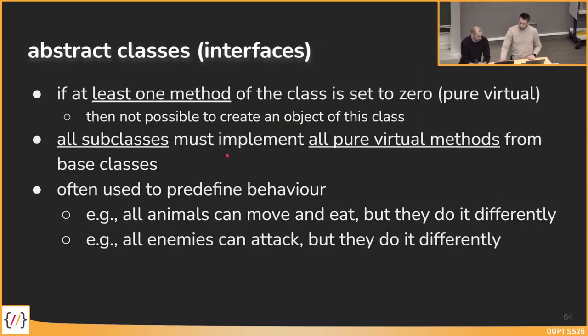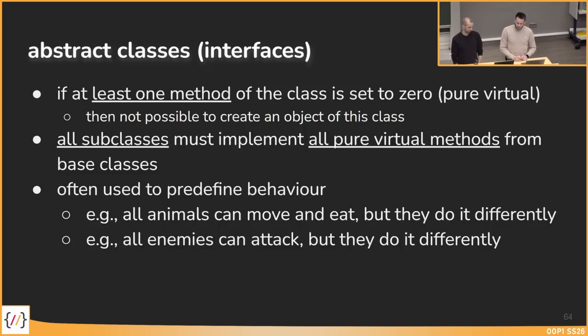Okay, to wrap it up, for abstract classes, which we can also call interfaces, we have to have at least one method that is set to 0, meaning that it's pure virtual, and then we cannot create objects from this class anymore, and all the subclasses have to implement all the pure virtual methods from the base classes.